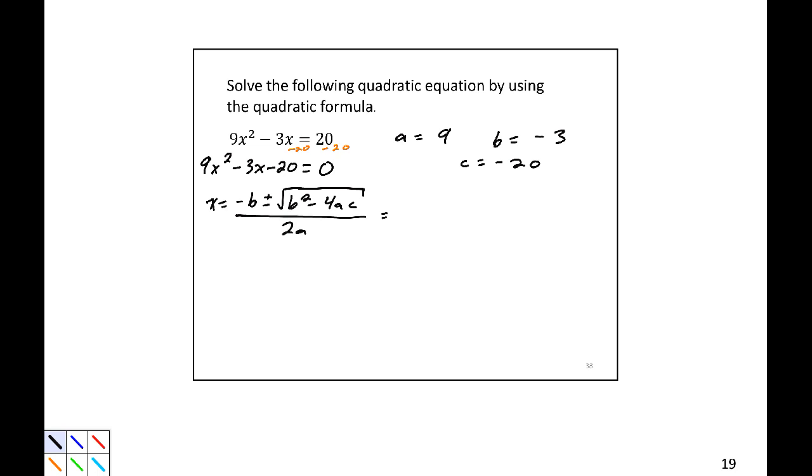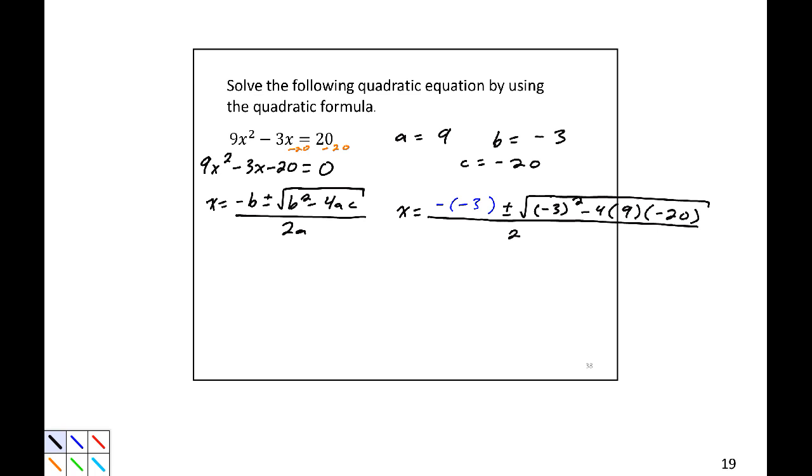Replace those values. So x equals negative b. That's the opposite of b. So I'm going to write that as negative 3. But in reality, we're going to treat that as if it's a positive. All right, then we've got negative 3 squared minus 4 times 9 times negative 20, all divided by 2 times 9, which is our a.